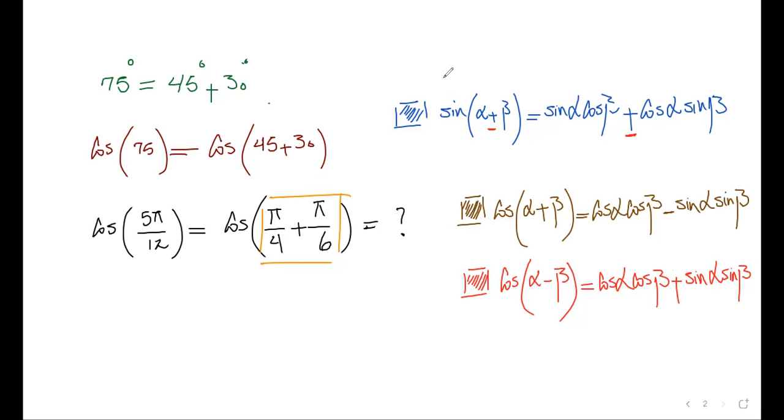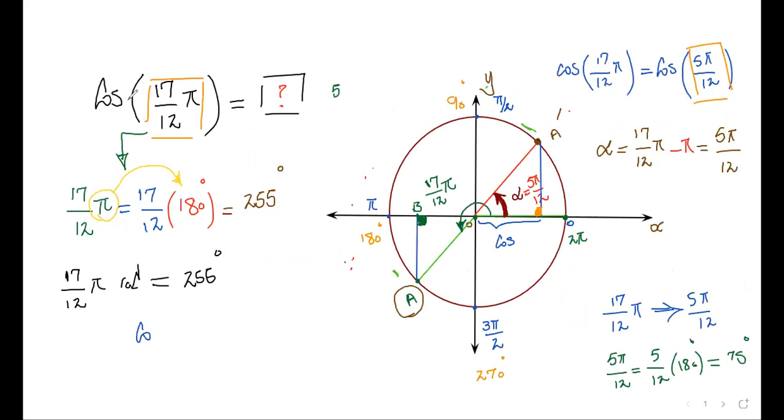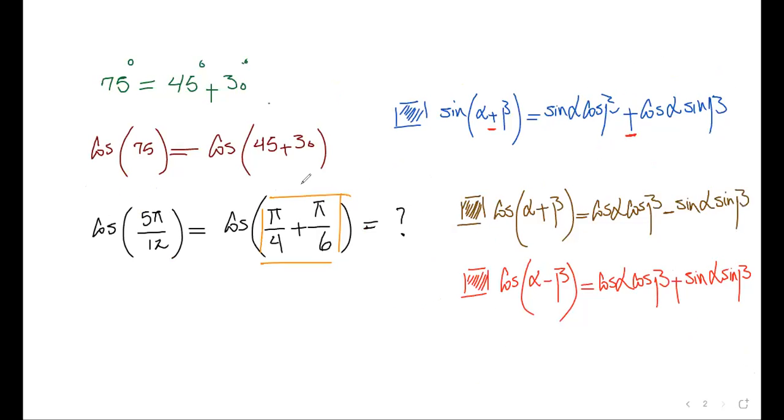As a result, we come back to the original problem. The original problem was to measure the cosine of 17 over 12 pi. We reduced it to the cosine of 5 pi over 12, which is 75 degrees, as if it's the cosine of two angles, pi over 4 plus pi over 6.